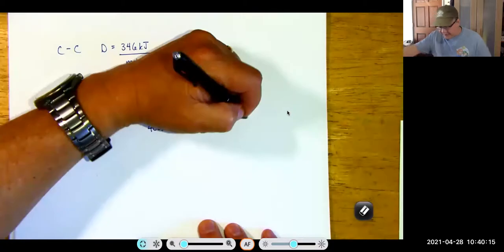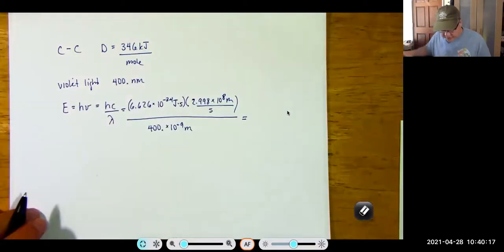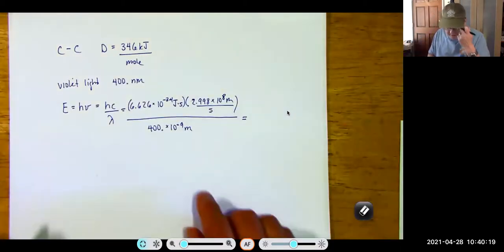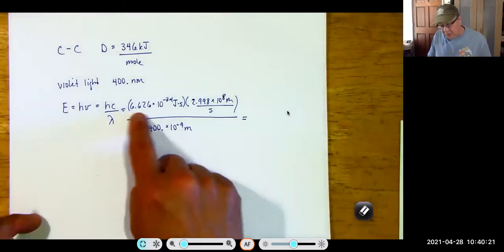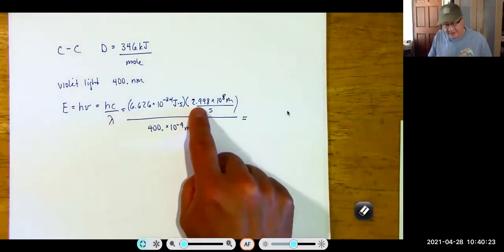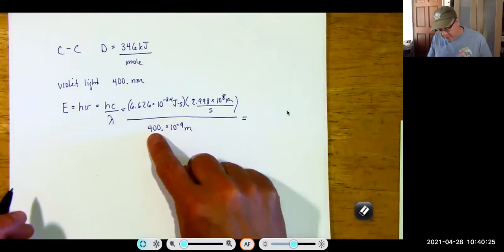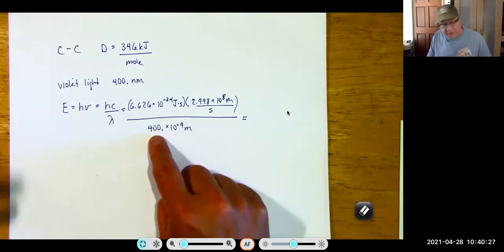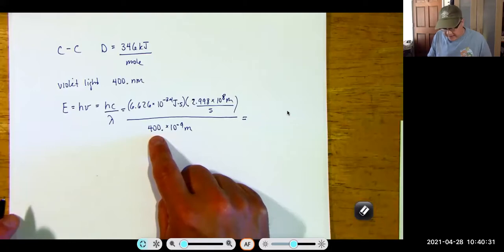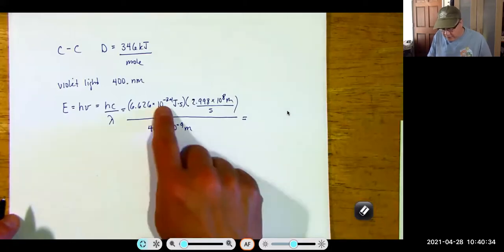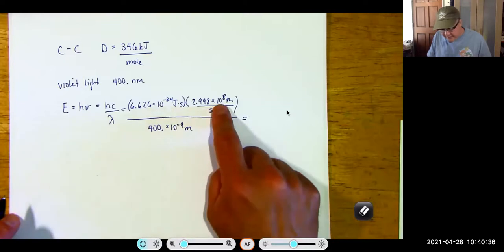Okay, let's calculate this energy, and we can estimate the answer if we wanted to. 6.6 times 2.9 is about 20. 20 divided by 400 is the same as 1 over 20. And here, negative 34 and 8 is going to be negative 26.